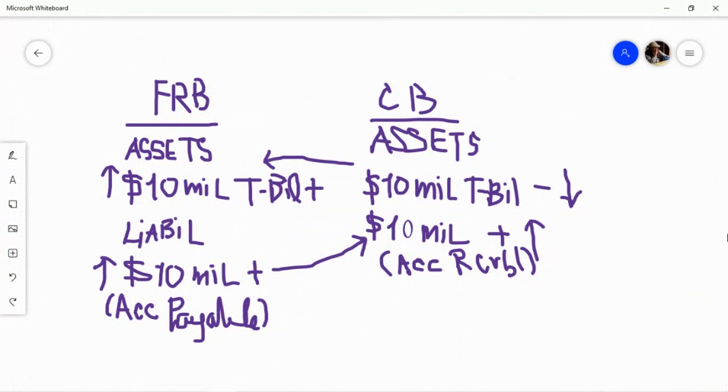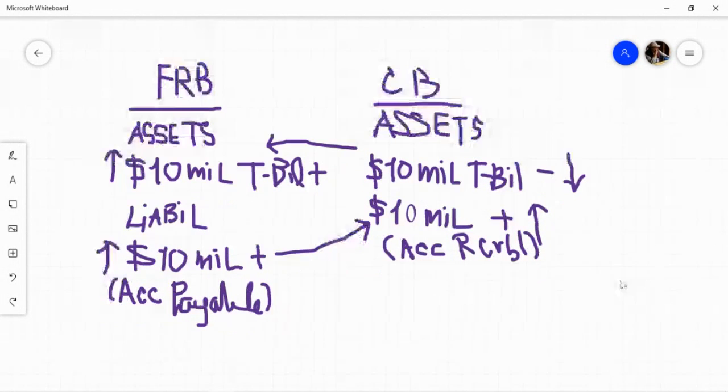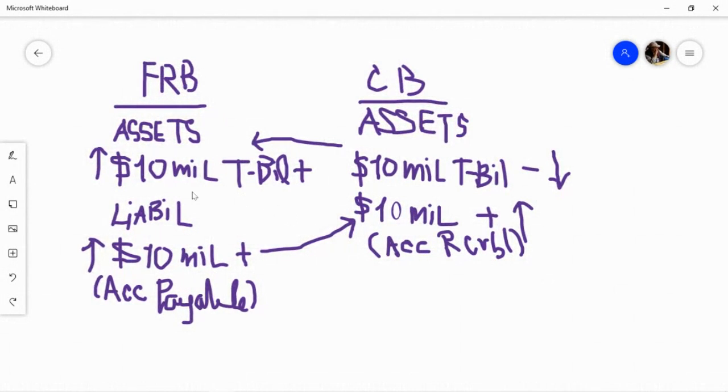In a contractionary monetary policy, it's the opposite. But let's get back to the Fed funds rate. So how does the Fed funds rate happen? In the Fed funds rate case, the Federal Reserve does the same thing.